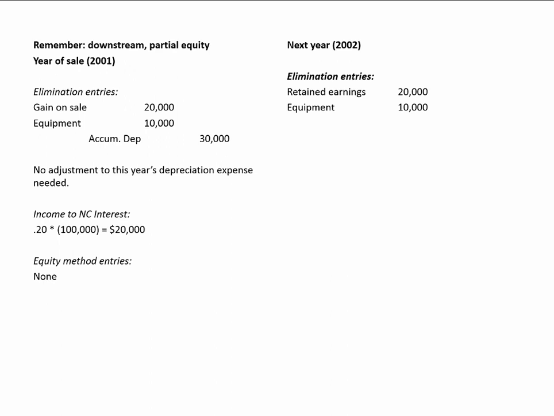We carry forward that $10,000 debit to the equipment account, and we carry forward the $30,000 credit to accumulated depreciation. Once we do that, we go ahead and adjust 2002's depreciation expense. Again, we're recognizing that $20,000 gain over 4 years by reducing depreciation expense each year by $5,000. Basically, we're undoing $5,000 of Little's depreciation expense.